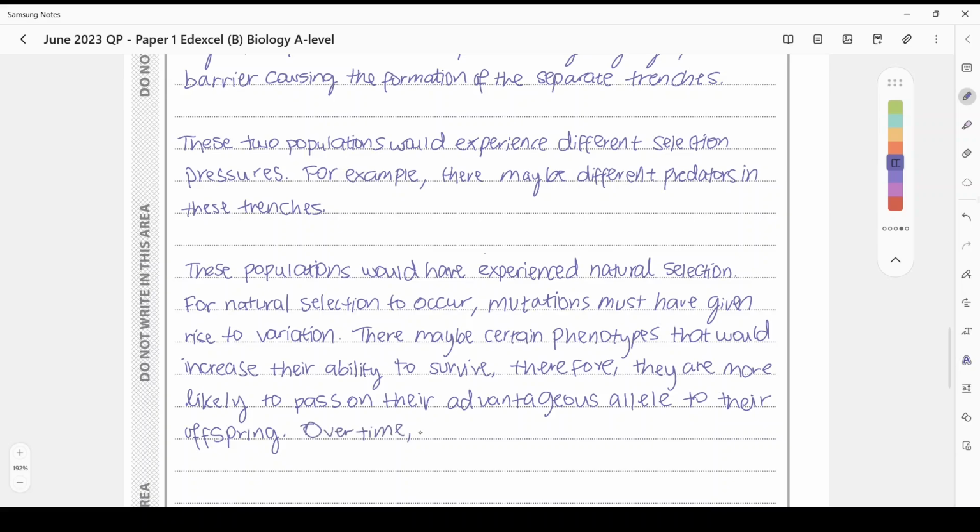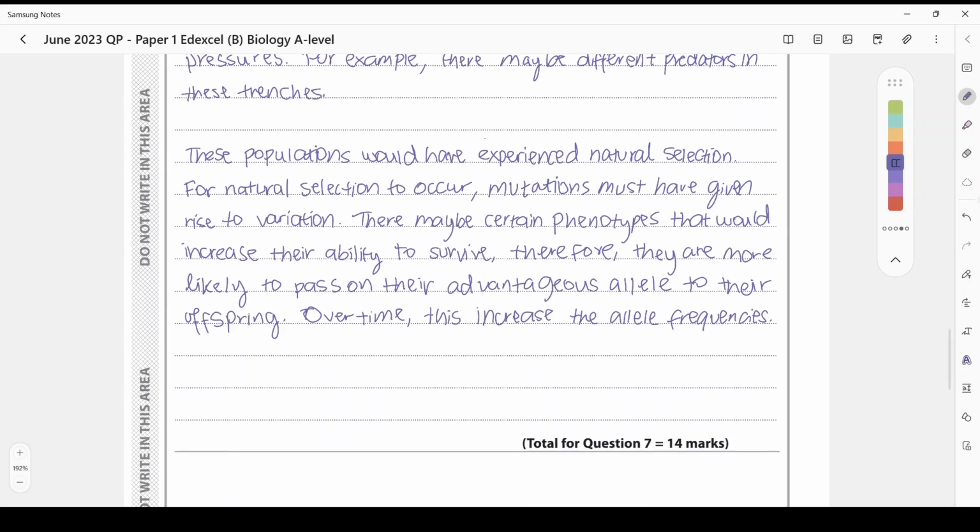Over time, this increases the allele frequencies. And then lastly, we talk about the gene flow or the lack of gene flow.